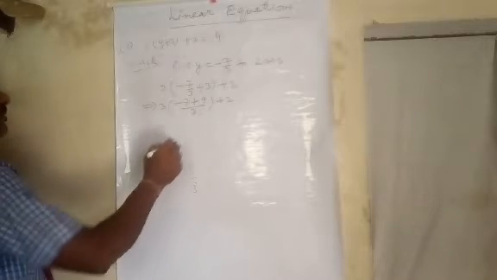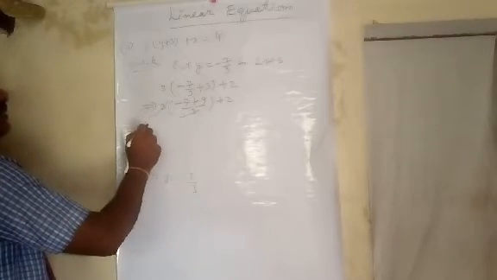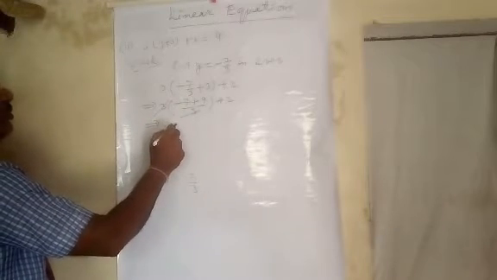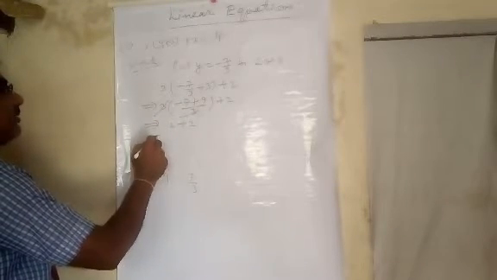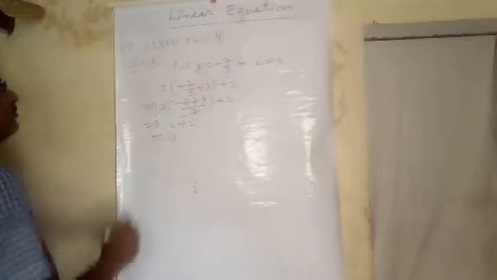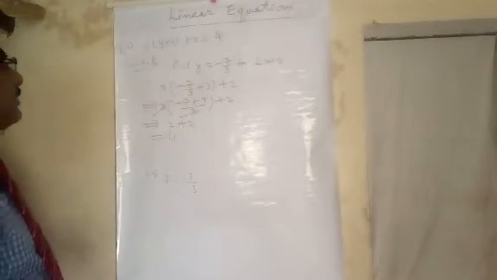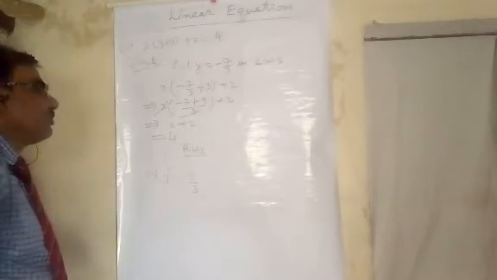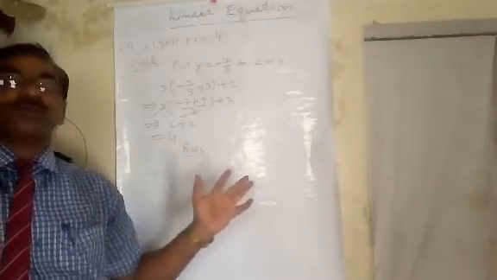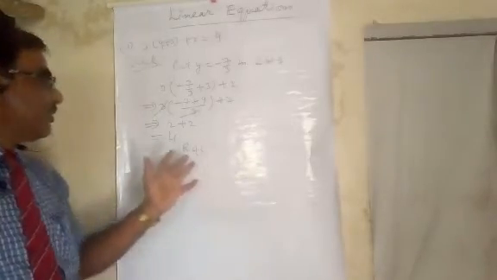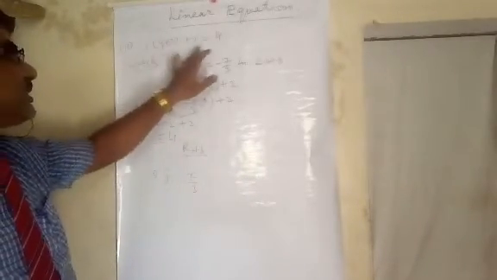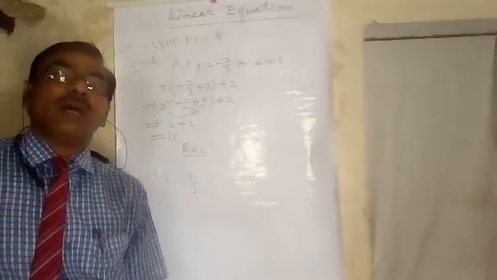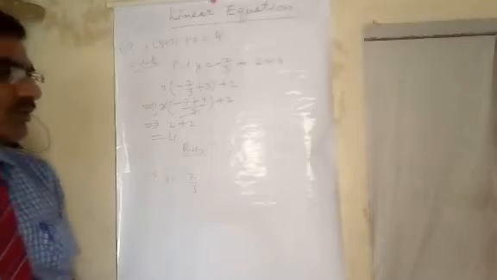Here 3 is cancelled by this 3, and it will be 9 minus 7, which is 2, plus 2 equal 4. This is the right hand side. Therefore, you see that if we put y equal minus 7 by 3 in the left hand side, we get 4 as the right hand side. Therefore, our answer is correct.